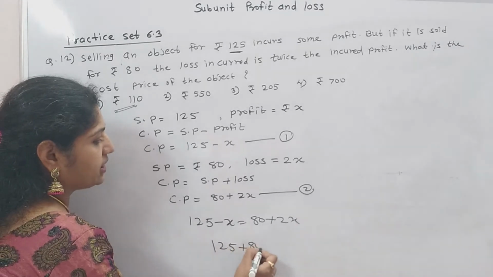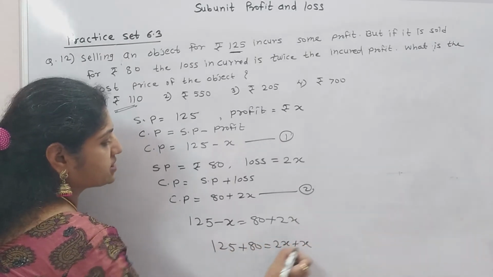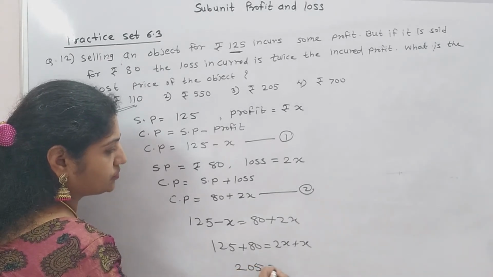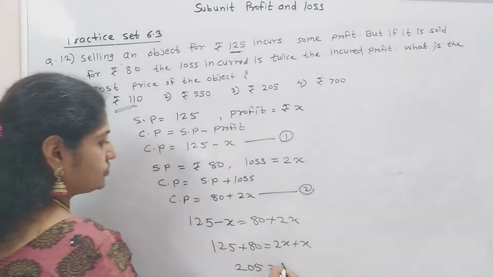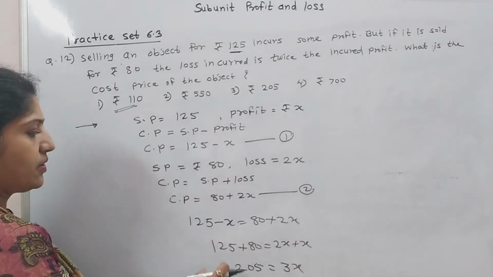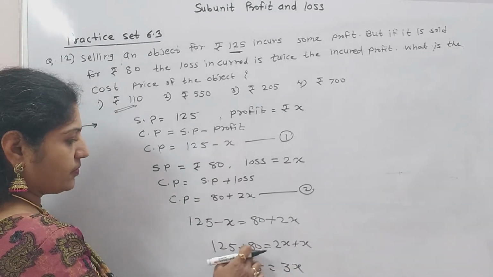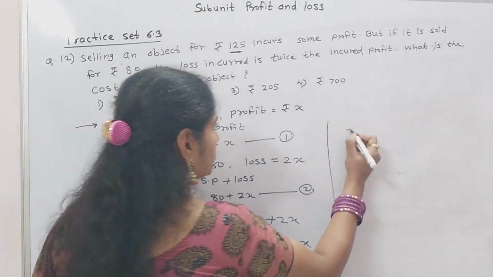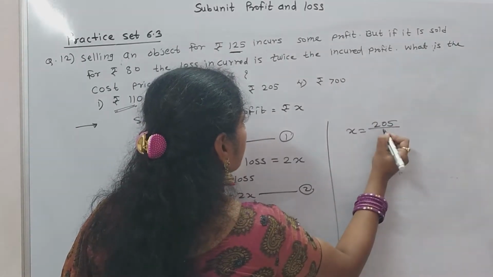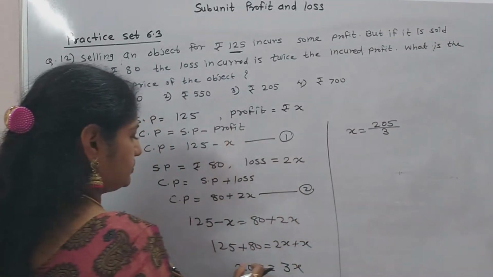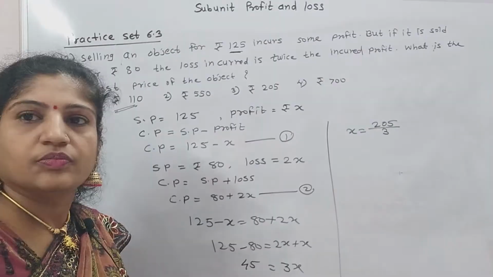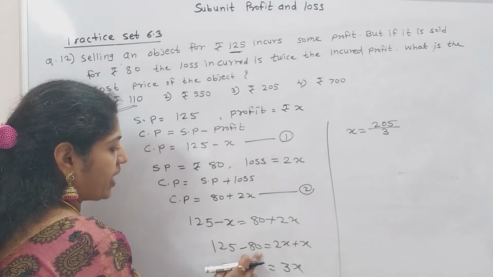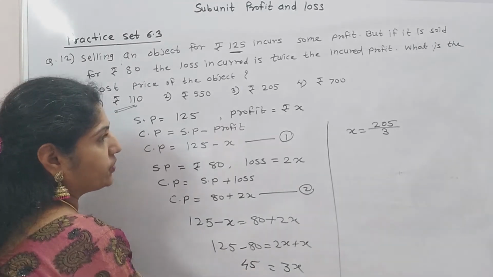125 minus 80 equals 2x plus x, so 45 equals 3x.